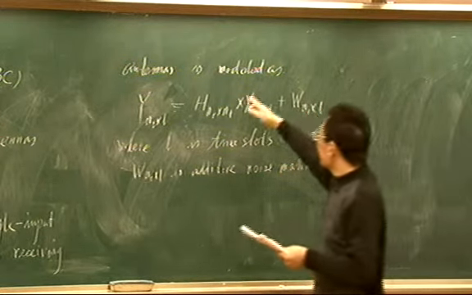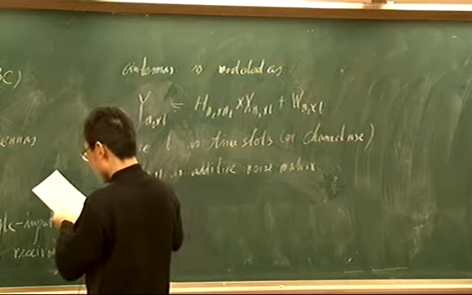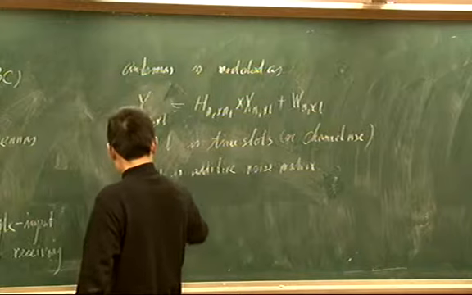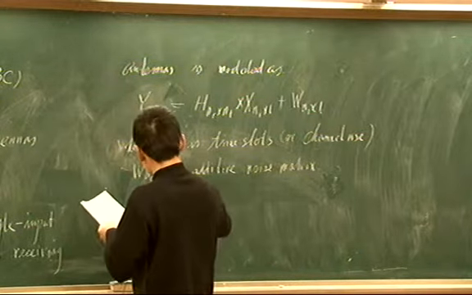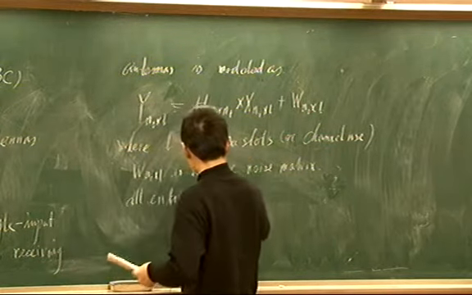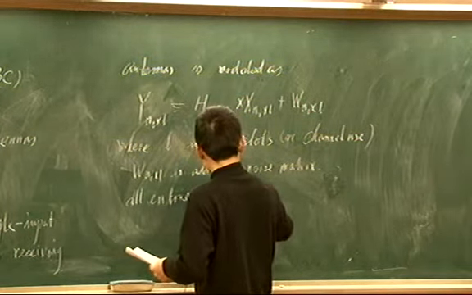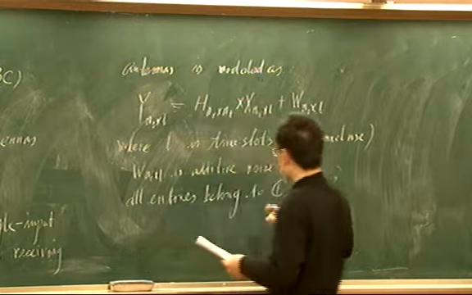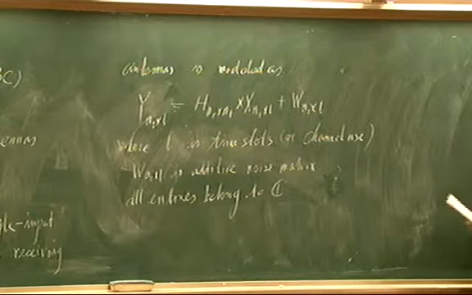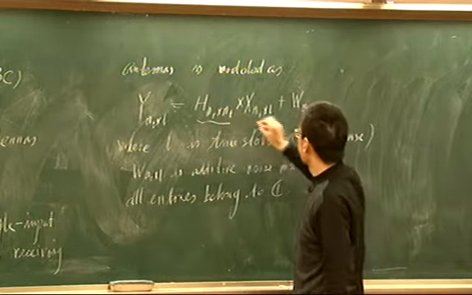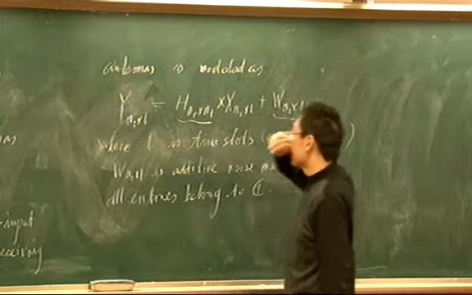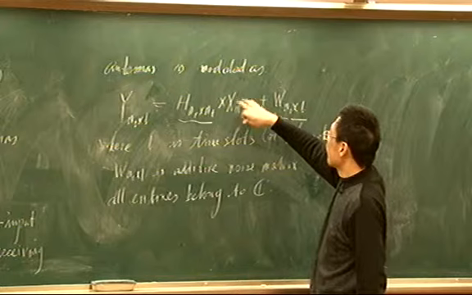All entries belong to the complex numbers. So this is a fixed matrix. We want to get to this matrix. This one varies.